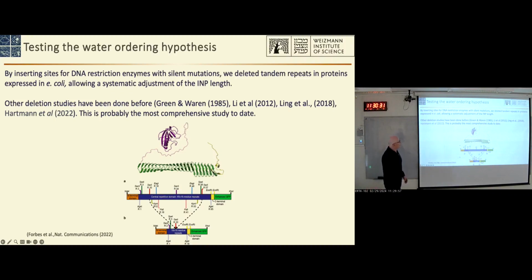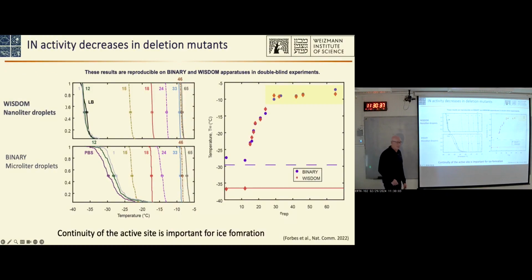We make very small droplets, we cool them, and we study nucleation. This experiment was done in the WISDOM nanoliter droplets, very small droplets that can reach a very cold supercooled temperature before they freeze.